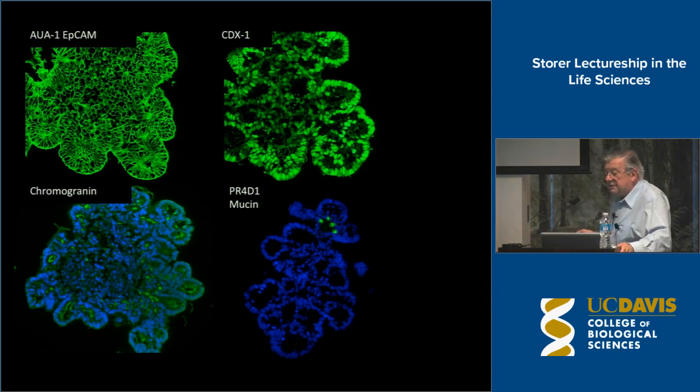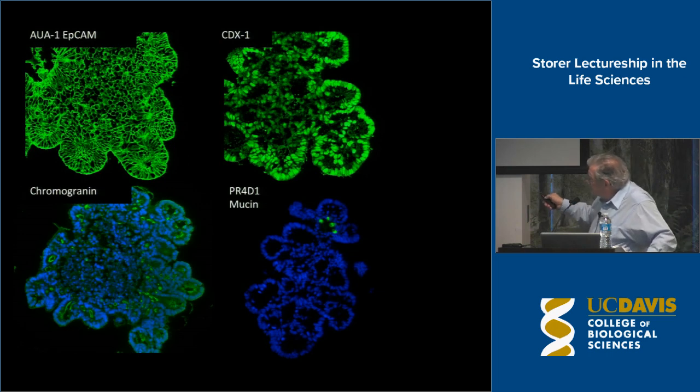So you can take a single cell that's come from an enrichment by this process and look at the colony that it forms in matrigel. This is the same colony studied with different antibodies, a single colony from a single cell in matrigel. You label it with EpCAM, which some people say is differential for stem cells.